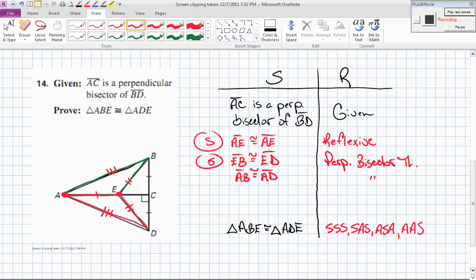Ditto. Side congruent statement, side congruent statement. Remember, the order that we use here comes from the diagram, but there's no confusing this because it's simply side, side, side. So triangle ABE is congruent to triangle ADE by the side, side, side congruence theorem. That's how you finish this particular proof.